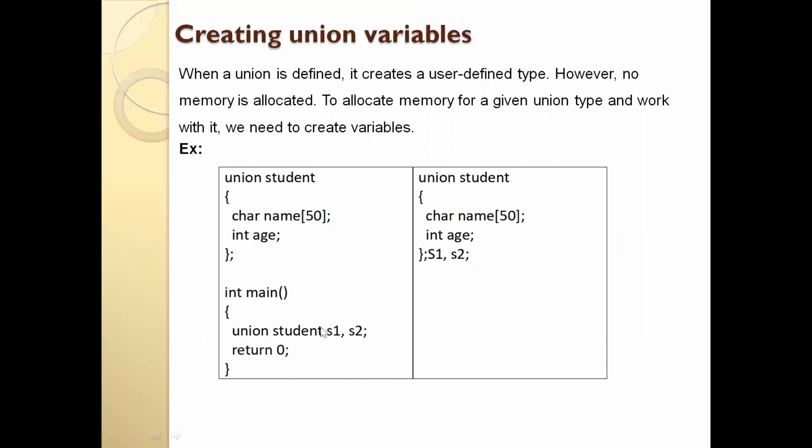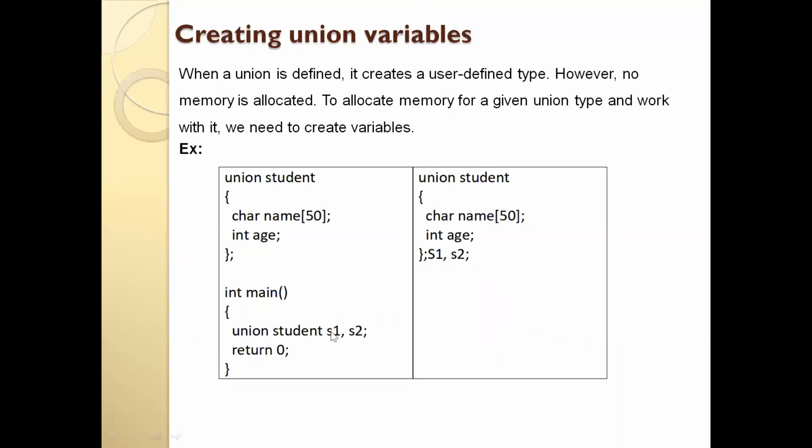How can we declare integer variables? Like int a, int b, or int a, b. Similarly, for user defined data types also we create the variables in the same manner. There we directly use the data type int, but here it is a user defined data type, so these two words we need to use collectively: union student, this is the user defined data type.